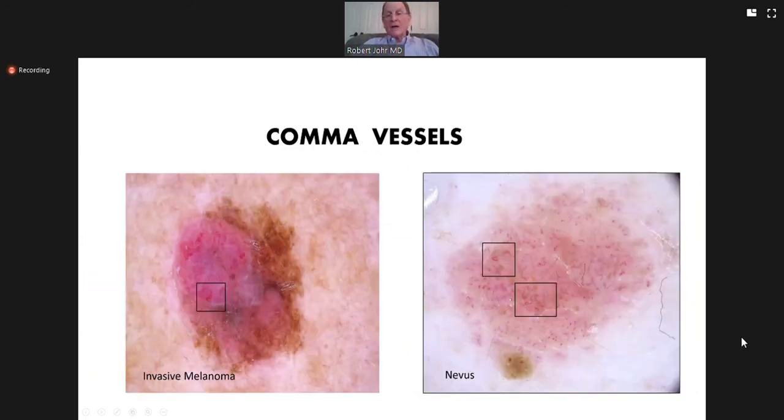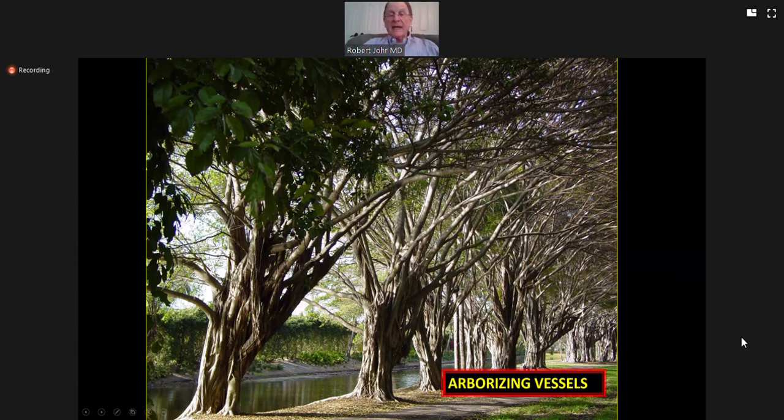Comma shape are associated with benign nevi. They look like little commas, but they can also be part of a polymorphous vascular pattern that you can see in melanoma. And here we see little comma-shaped vessels that look like little commas. Then there's the famous branching arborizing vessels, and they're associated with basal cell carcinoma.